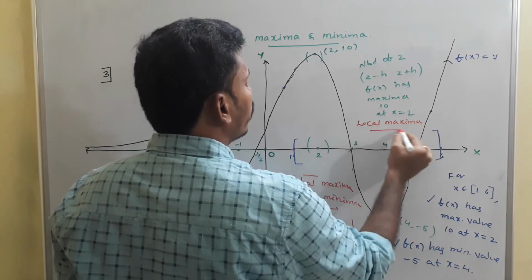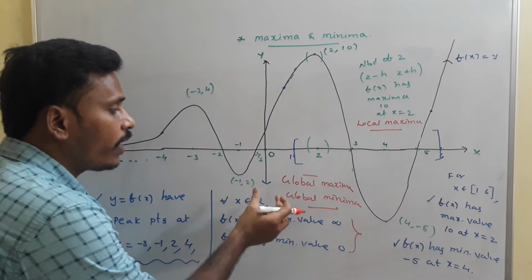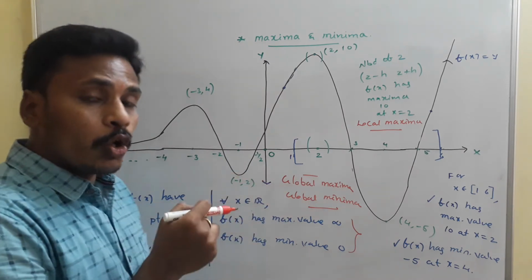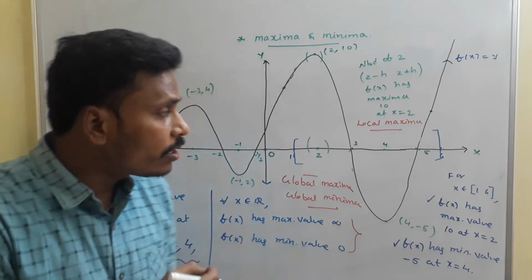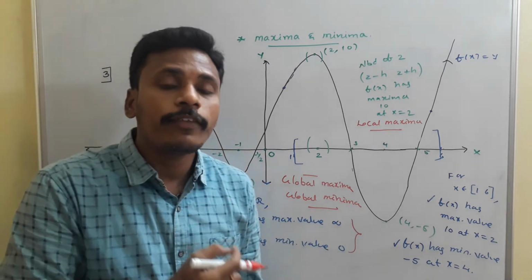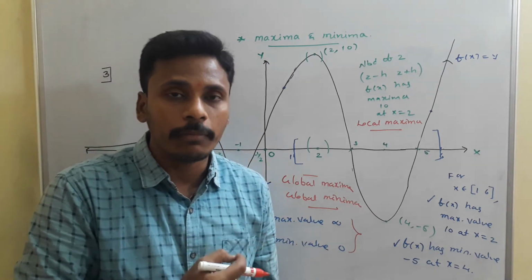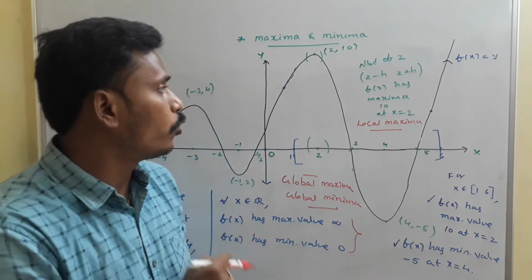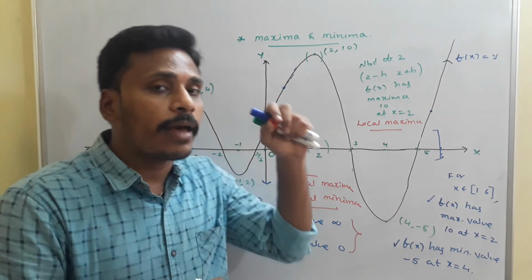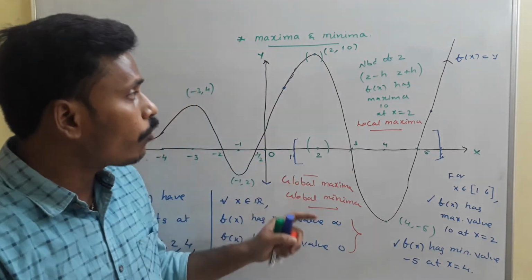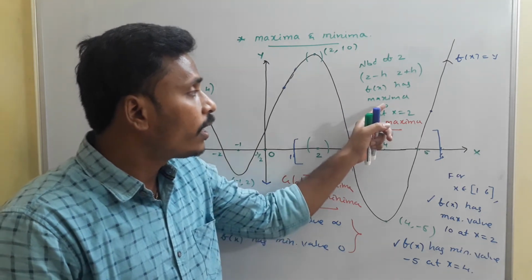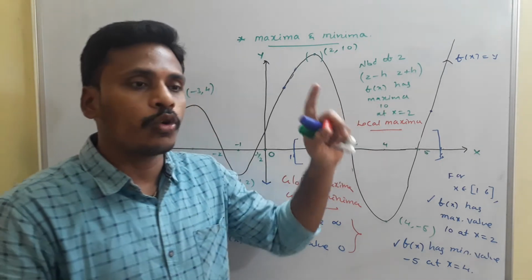You just look at the words local maxima as well as global maxima. Local maxima and, in the same way, local minima are used only if you think about maxima and minima in a neighborhood of a point 2. Since in the neighborhood of 2 we are thinking about the maximum value of the function, we say that f of x has local maxima 10 at x equals 2.